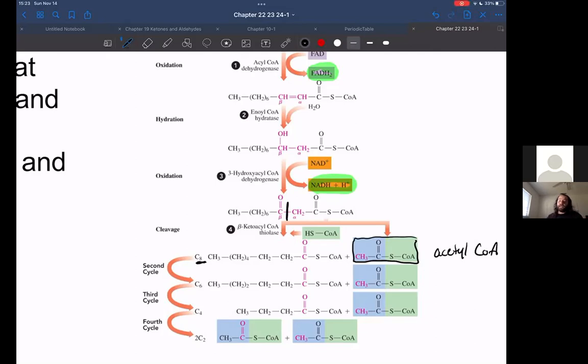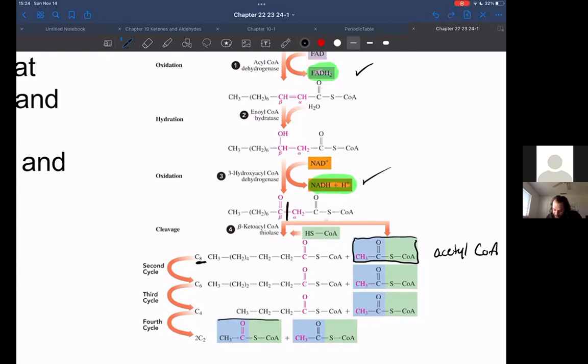And that's because beta oxidation of fatty acids will occur to break it down in 2 carbon chunks. So each cycle of beta oxidation will result in 2 carbons being removed from that fatty acid. Okay, each step will generate 1 FADH, 1 NADH, and an acetyl-CoA is the chunk that you break off.